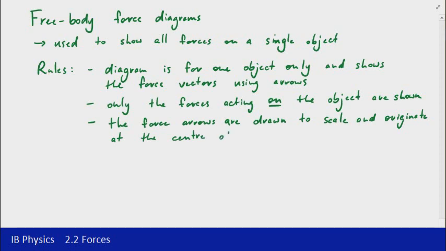So we're considering that all of the forces are affecting the center of mass. That means we can simplify diagrams quite significantly as well. Last thing is that all the forces are labelled.